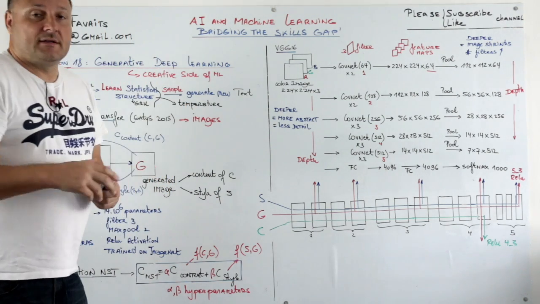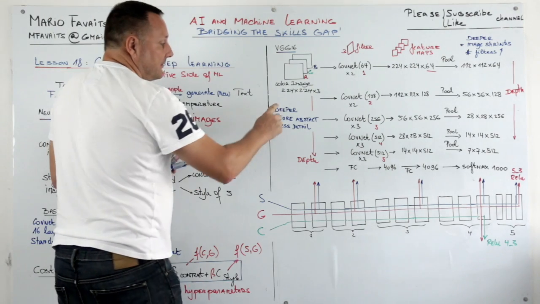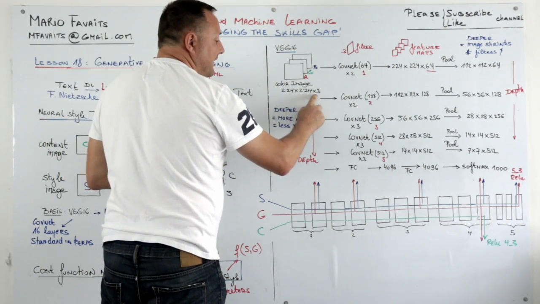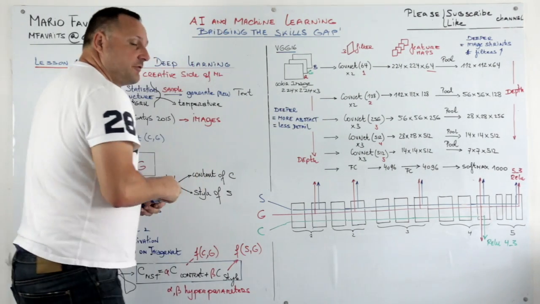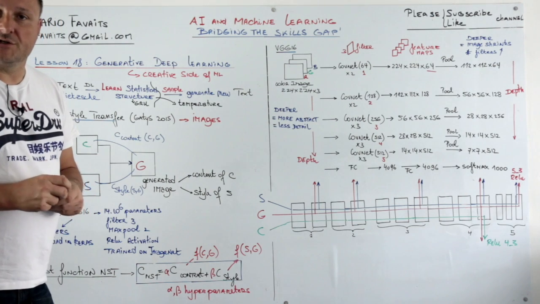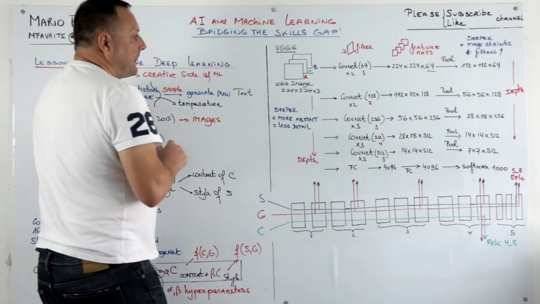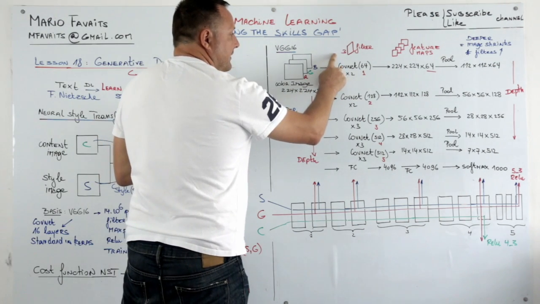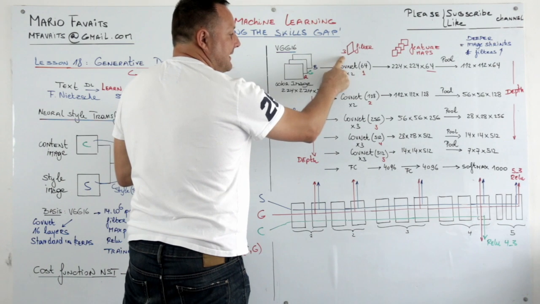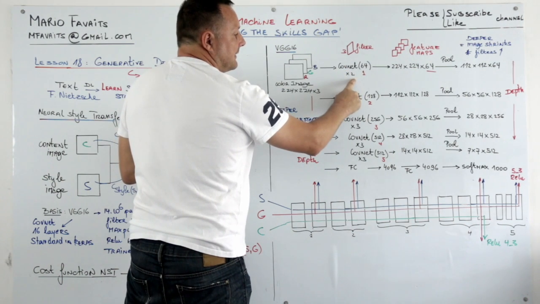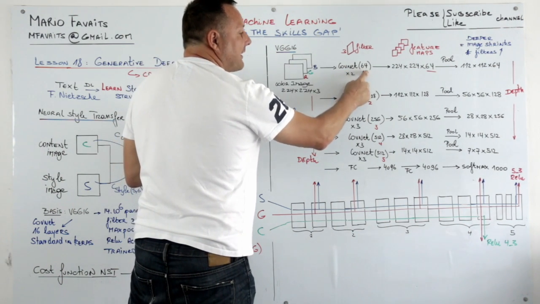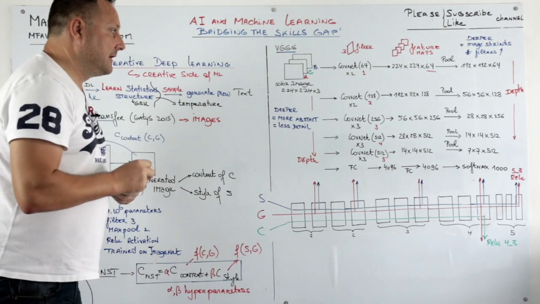VGG16 takes images of size 224 by 224 by 3. The 3 comes from the fact it's a color picture, RGB. Then we have a set of filters of size 3, and in the first ConvNet block we have 64 of these filters.